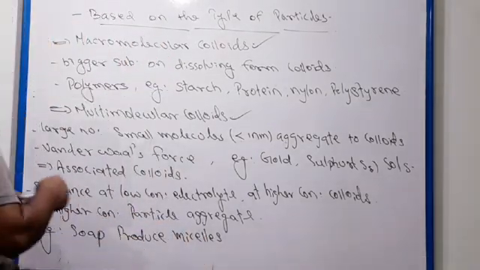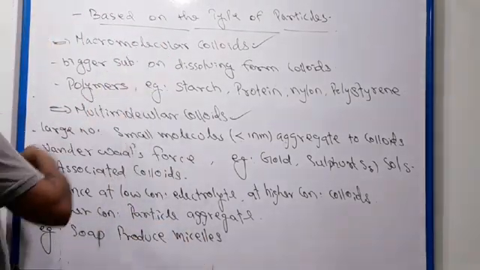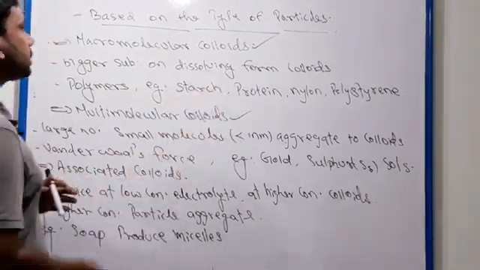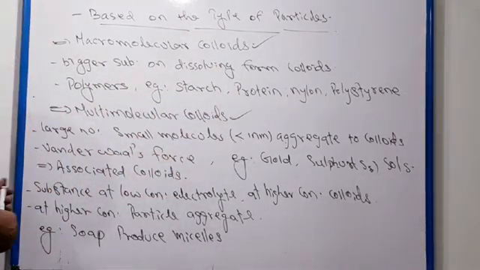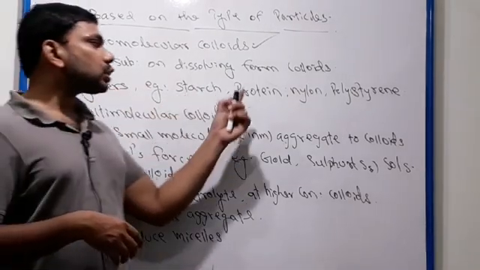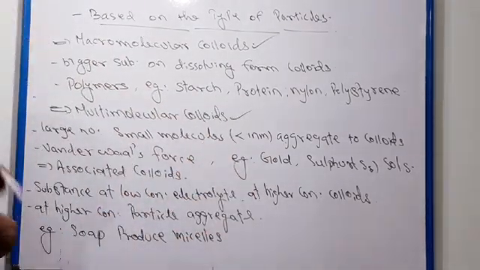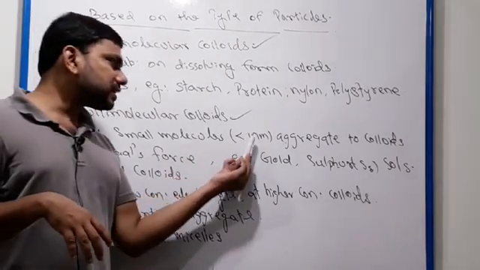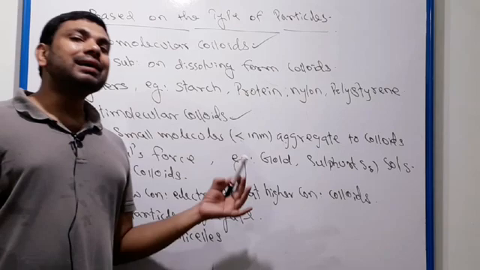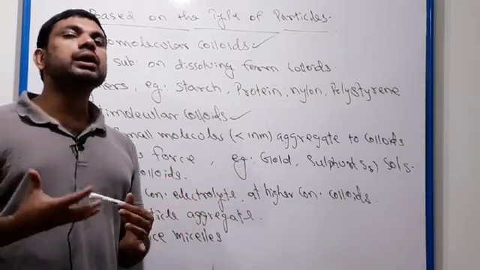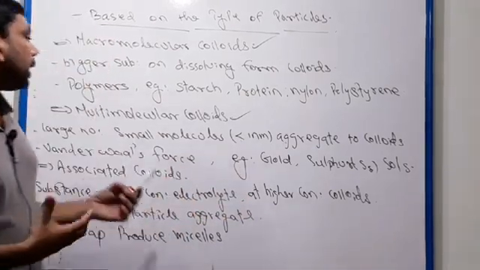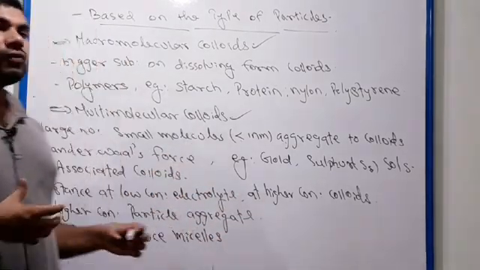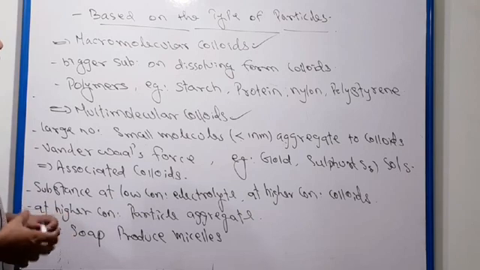So here we discussed the three types. In macromolecular colloid, bigger particles break down to smaller colloidal particles. Examples: starch, protein, nylon, polystyrene. In multimolecular colloid, very small particles, less than 1 nanometer, aggregate to form colloidal particles. Examples: gold sol, sulfur sol.